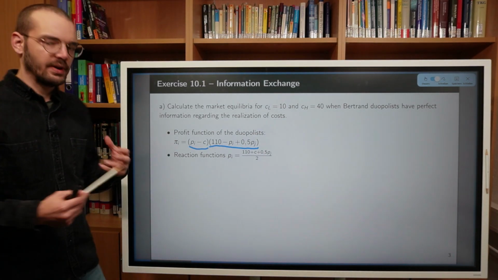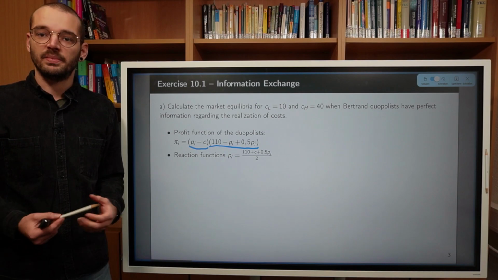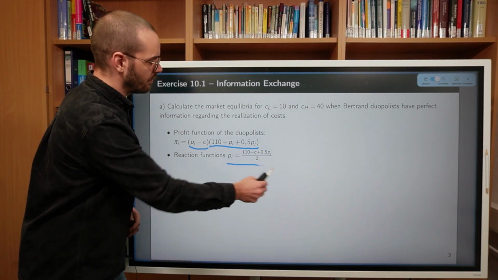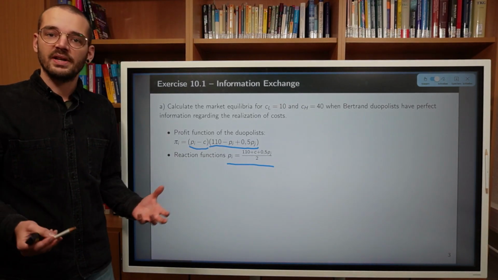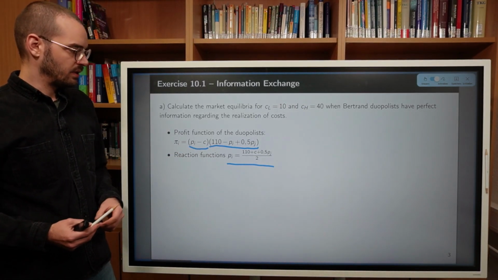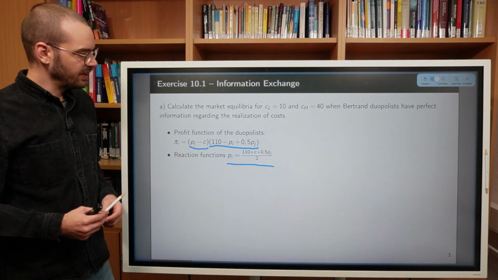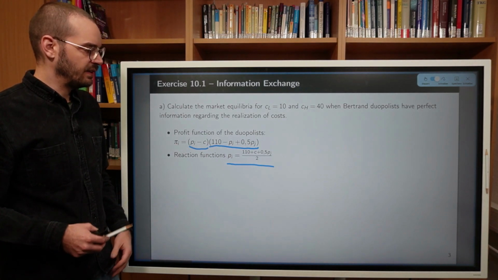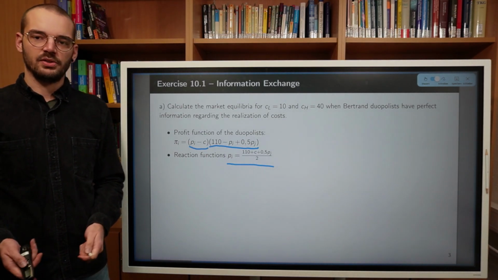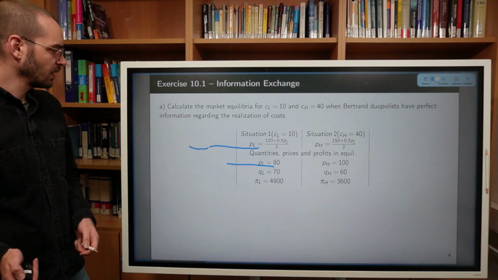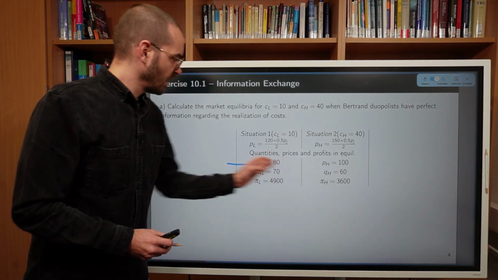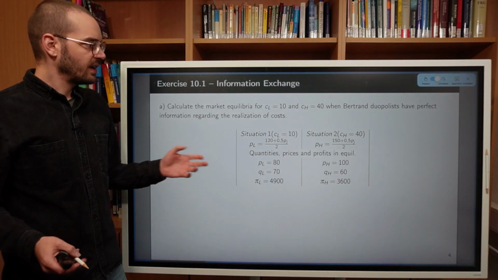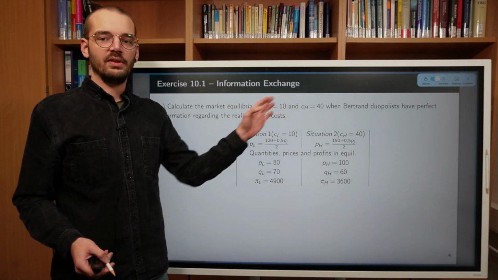In general, for any C, regardless of it being CL or CH, the reaction functions of both of these symmetric firms read Pi equals 110 plus marginal cost C plus 0.5 Pj, all divided by 2. From this we can now use these reaction functions to analyze both of these given situations.